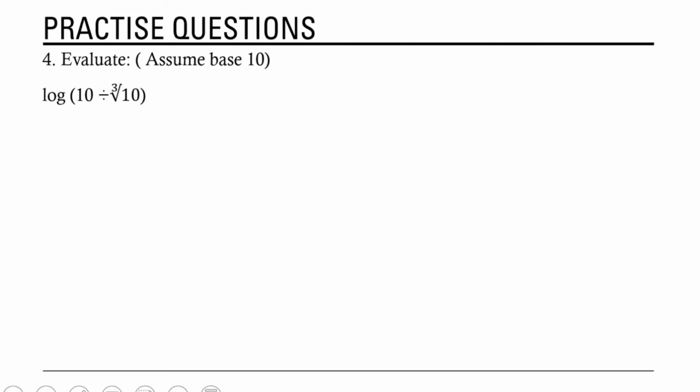The next question, evaluate log of 10 divided by cube root of 10. So they have asked us to assume the base as 10. Even if there is no base given, you can assume it as 10.